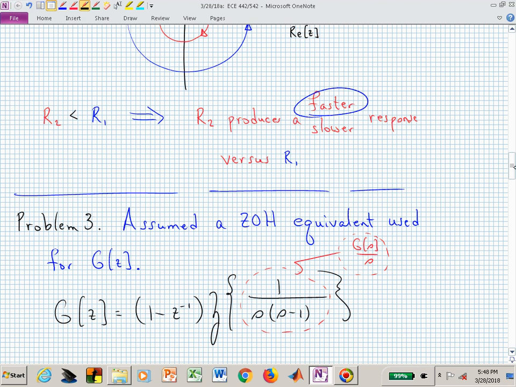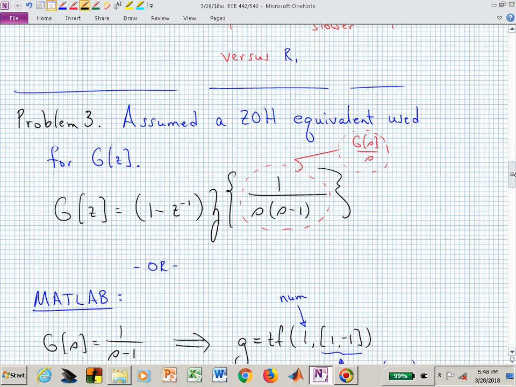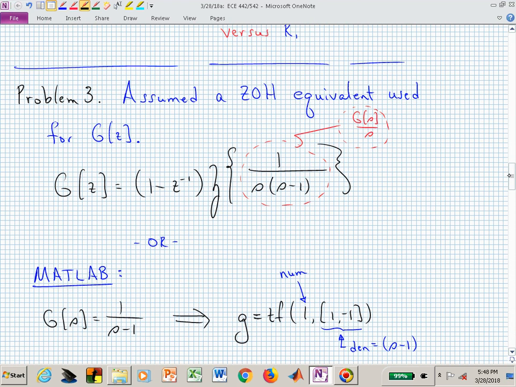That gives you G of Z. Or if it's late on a Friday night and you're doing this, you could do it in MATLAB. That's fine, as long as you know what you're pursuing.